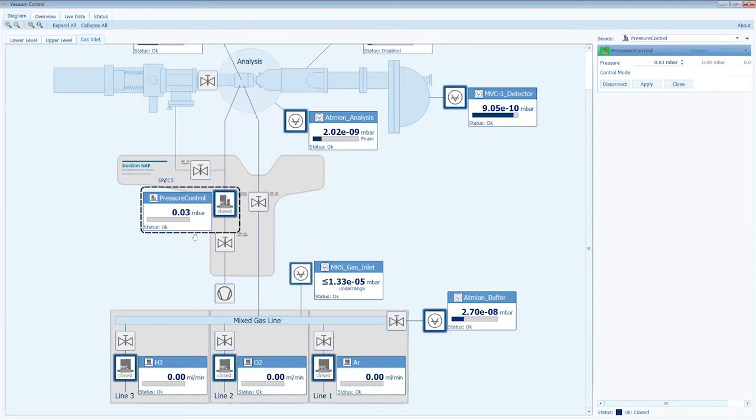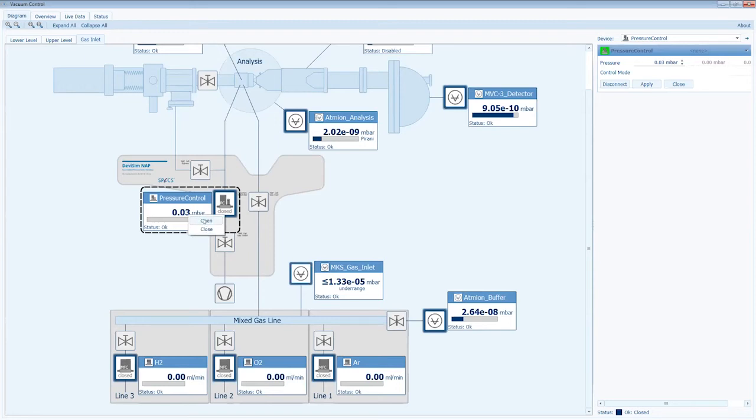However, usually what we prefer to do is keep it completely open, to keep the maximal pumping speed, and then simply adjust the flows in such a way that we have the pressure which we want to use, I mean, 1 millibar or something like this. So this is the usual way to work.